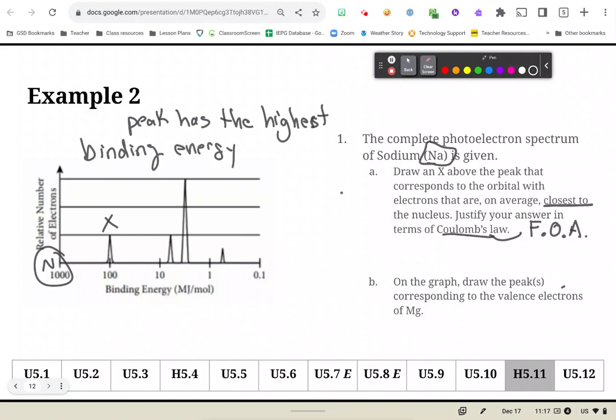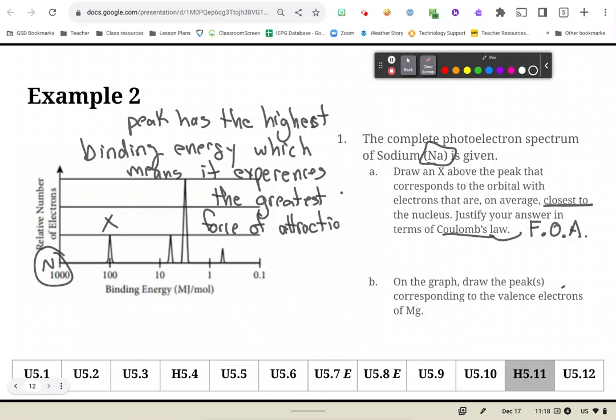Highest binding energy means it experiences the highest force of attraction, or greatest force of attraction. I feel like that's a better term. So it must be the closest. And that's the Coulomb's law connection: in this case, it has to be the closest to the nucleus to experience that.